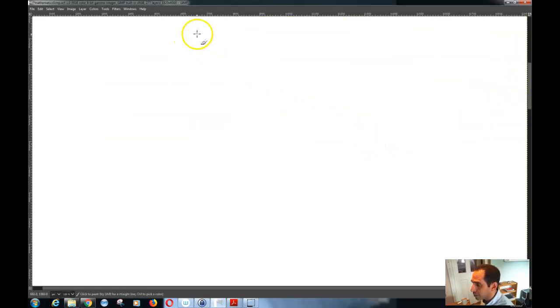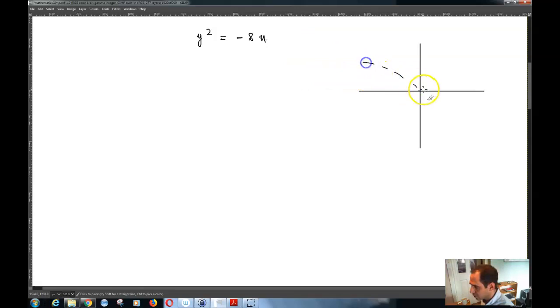You have some parabola like y squared is equal to negative 8x. So again, you can see that your axis of symmetry over here is the x-axis, and since the coefficient of x is negative, the parabola opens towards the left, like this.